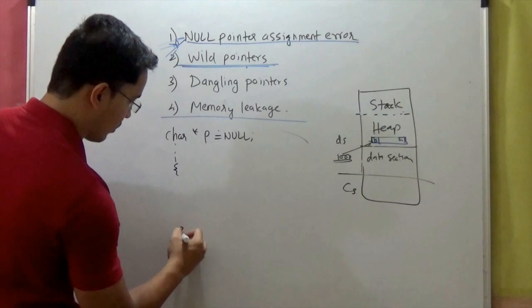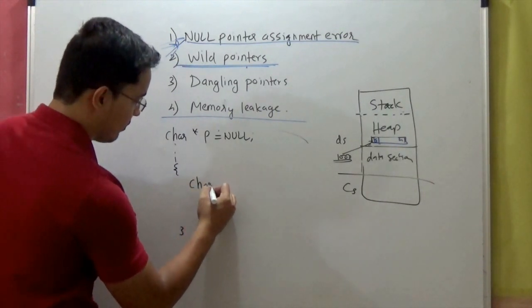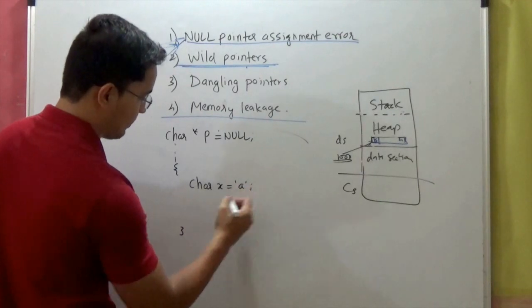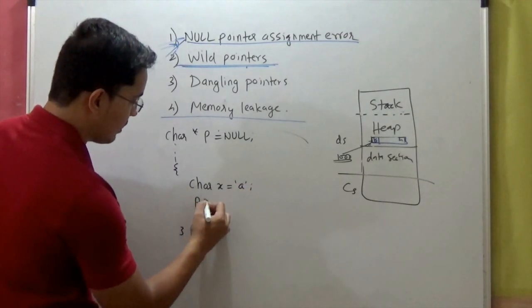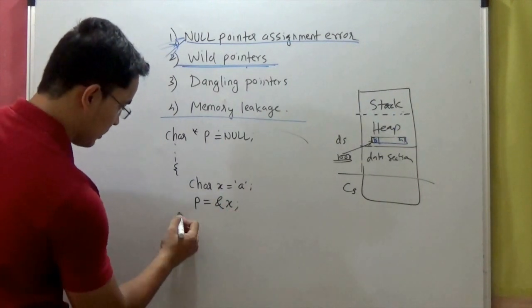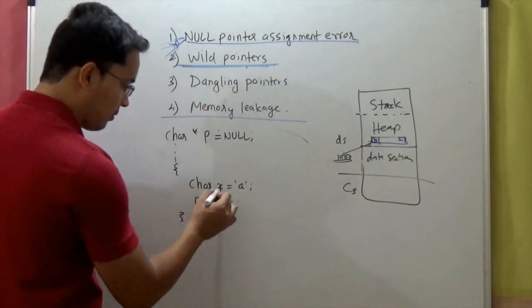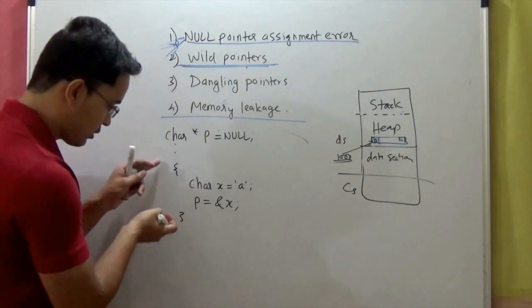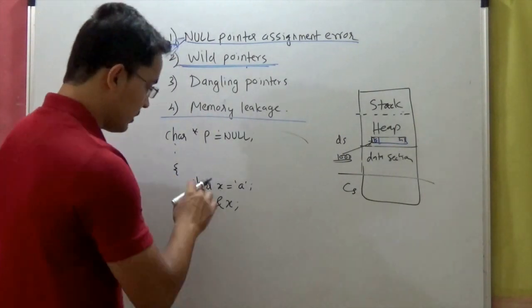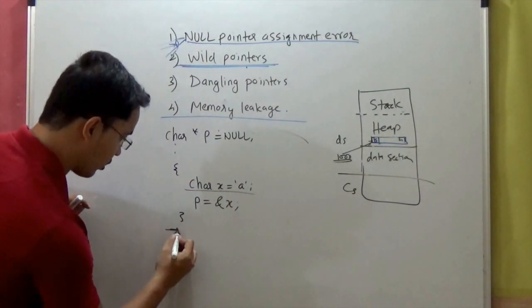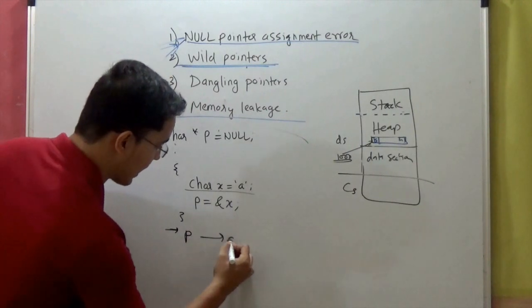There's a block of code where we define a variable x equal to, let's say, small a, and you say P equal to address of x. But this is a block, and the scope of this local variable is this block. It's a block-level variable. So as soon as this block finishes, this variable goes out of scope. Now, from this point onwards, P becomes a dangling pointer.